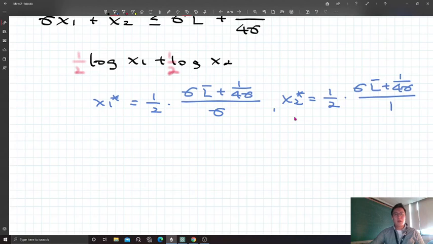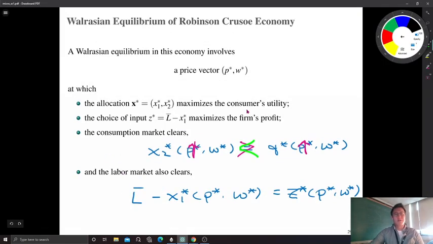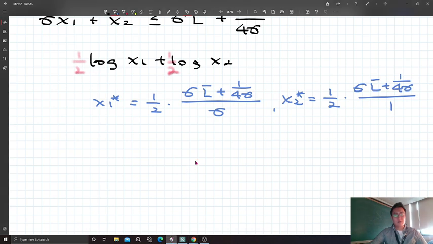Then now the only thing we have to find out is what the equilibrium price is. So now we went over the first two conditions of equilibrium. Now using the last two conditions, we can find the equilibrium price. So going back to the note, 1 minus x1 star, that is the labor supply.